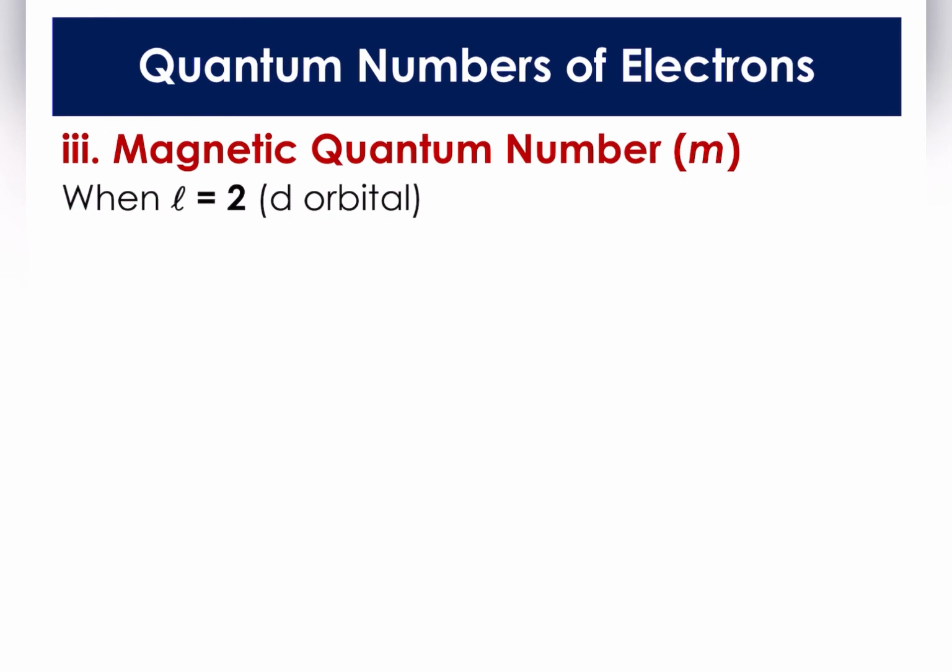So ini adalah L, angular momentum quantum number, di mana L equals to 2 fixed for orbital D. So what we're gonna do next, we want to determine the value for M, where M is in range. Maksudnya dia dalam range bergantung kepada nilai 2. So bila dalam range, as I mentioned before, maknanya bila kita ganti range dia untuk M value daripada negative 2 sampailah positive 2. So L here saya ganti dengan nilai 2.